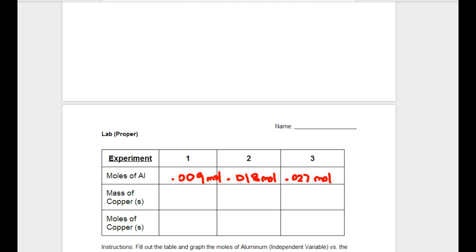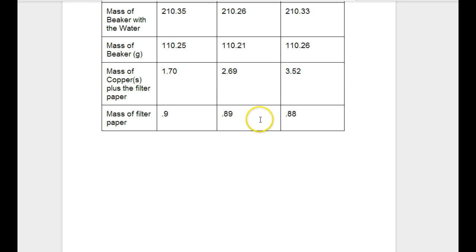So the next part is finding the mass of copper. In order to find the mass of copper, what we're going to have to do is go back to the data table and see that we have mass of copper plus the filter paper here in this row. And this is experiment 1, 2, and 3. But here we have the mass of the filter paper. So if we subtract the filter paper mass from the mass of the copper and the filter paper, we would be able to get the mass of the copper alone.